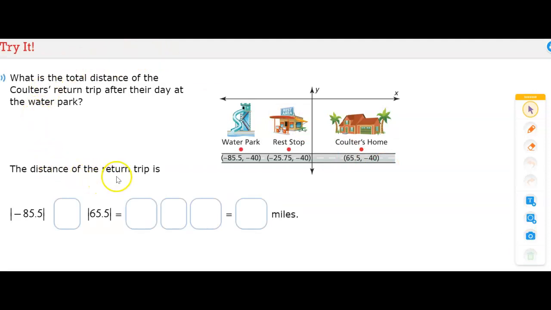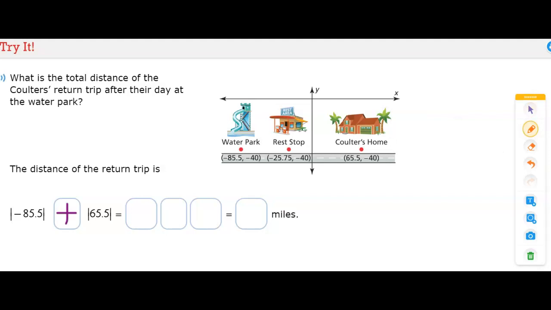The distance of the return trip is, so now they're coming from the water park all the way back home. So we know the distance from the water park to the rest stop was, what was it? I forgot, but 85 and 5/10 we're going to add to the 65 and 5/10 because now we're adding up the distance all the way along.